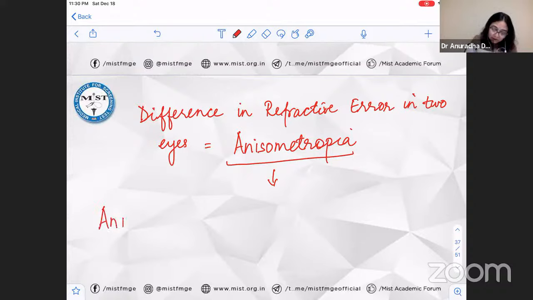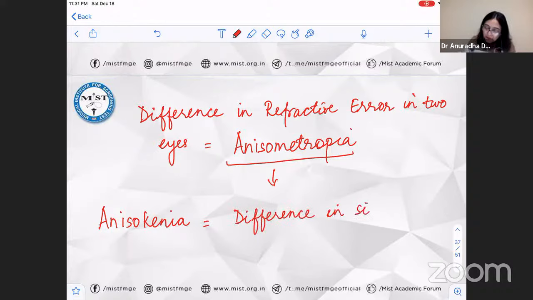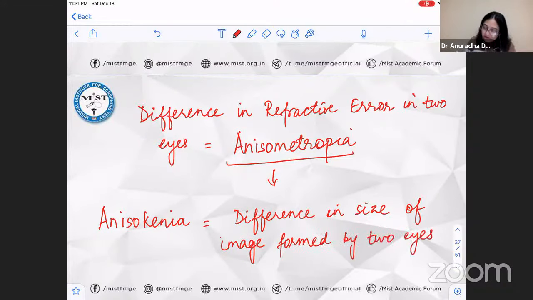There is also a term by the name of anisokenia. Anisokenia is a difference in the size of the image formed by the two eyes. This also occurs when there is significant anisometropia: the eye with a different refractive error forms an image of a different size than the other eye.